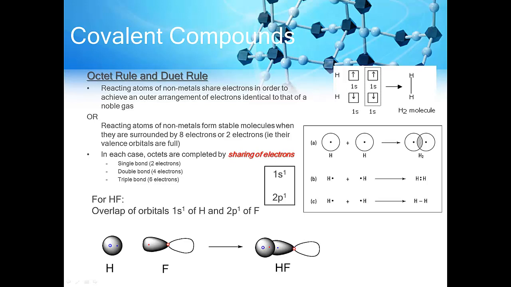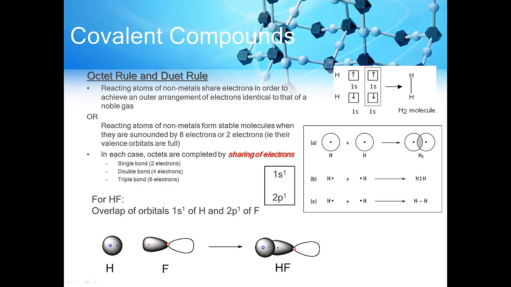In its outer shell, its 2p shell, it's got 8 electrons, okay? Something like chlorine might want 8 electrons in its 3p shell. This is why we call it the octet rule, because it's groups of 8. The duet rule really only applies to hydrogen and helium, but hydrogen's the important one because helium really isn't very reactive.